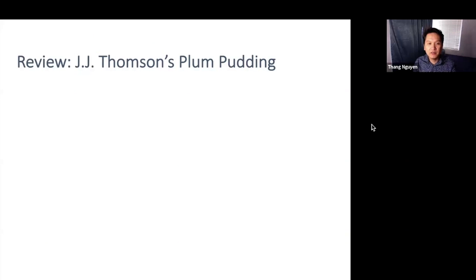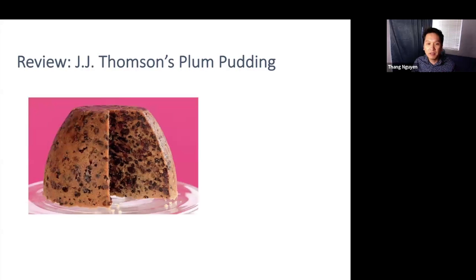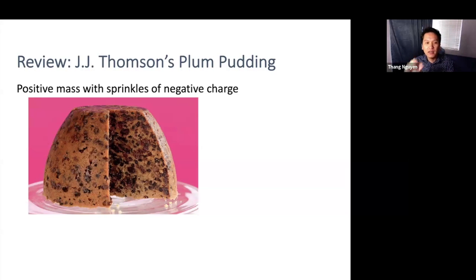As a review, last week we talked about J.J. Thomson's view of the atomic model called the plum pudding, where he imagines that the atom is basically a mass of positive charge, and in this ball there are negative charges sprinkled throughout, evenly distributed.